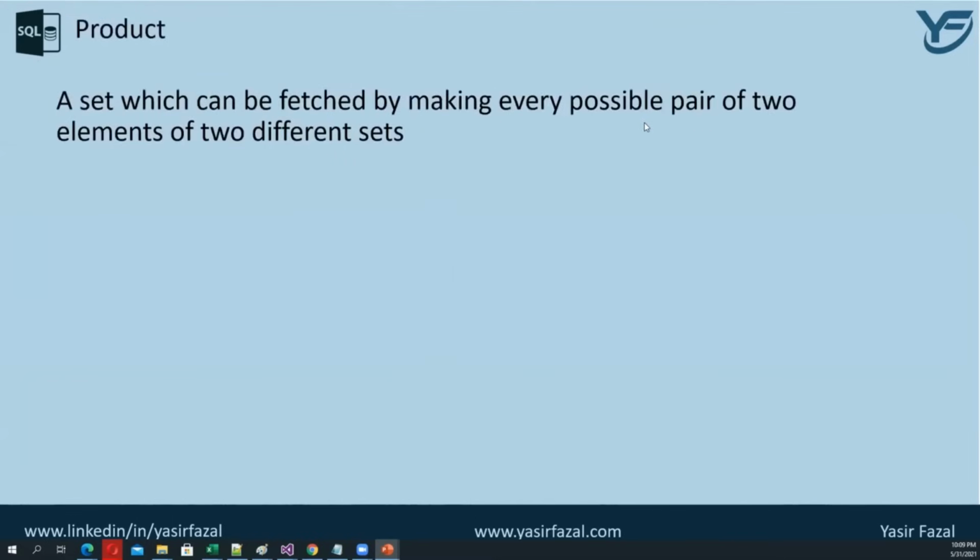Cartesian product means a set which can be fetched by making every possible pair of two elements of two different sets.